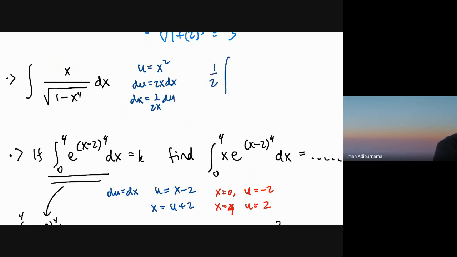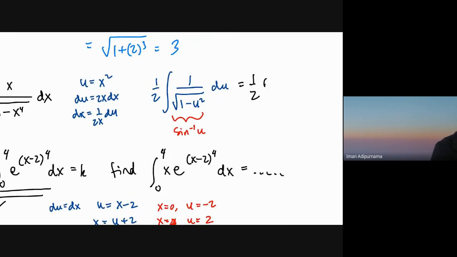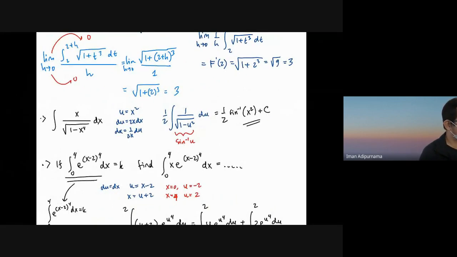So we will have half the integral of 1 over the square root of 1 minus u squared du. This part is sine inverse, right? So this will result in half sine inverse of u, which is x squared, plus c. Okay, that's an example for you.